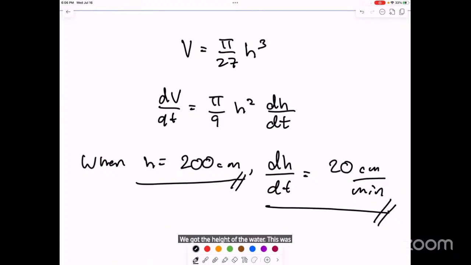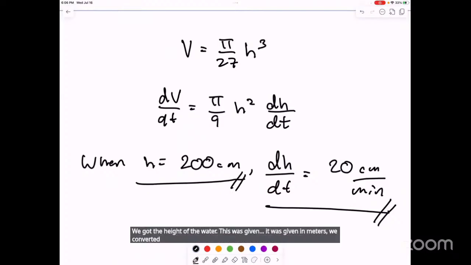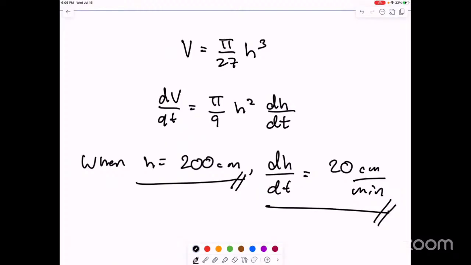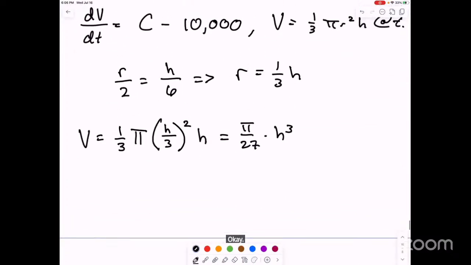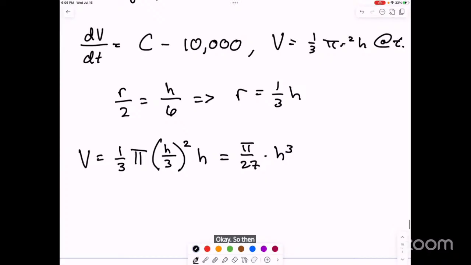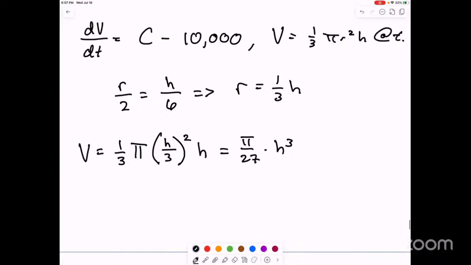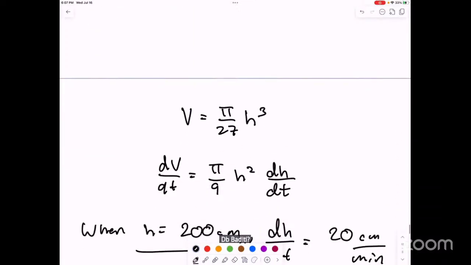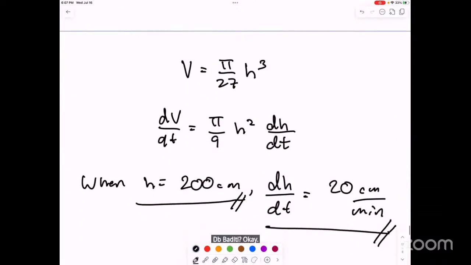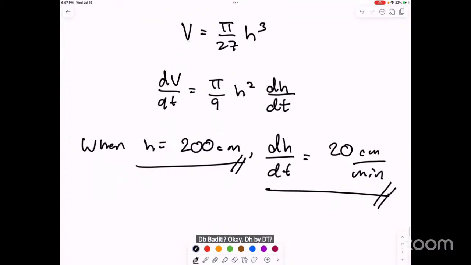This was given in meters, and we converted it to centimeters.